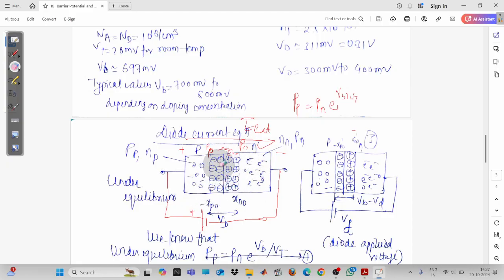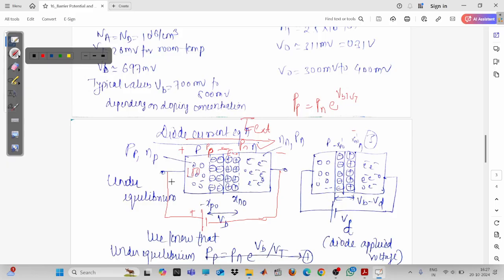Now even if one hole will enter into the N-type, there will not be any significant decrease in the holes in the P-type. But you can say for the N-type. Now suppose you inject or put the hole into the N, because already the holes are minority in the N-type. Let me try to explain using some numbers.